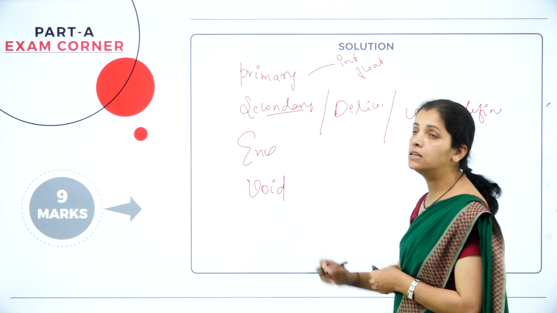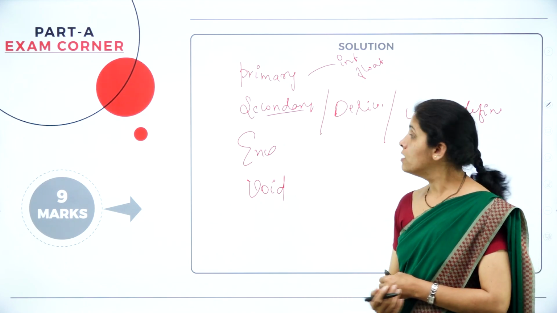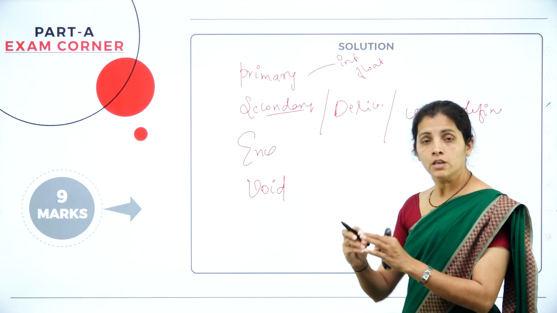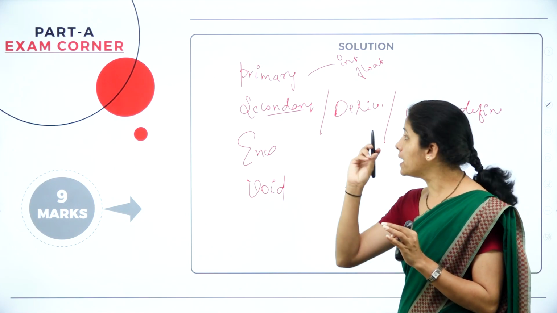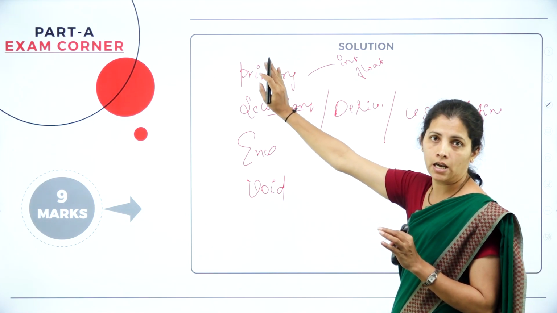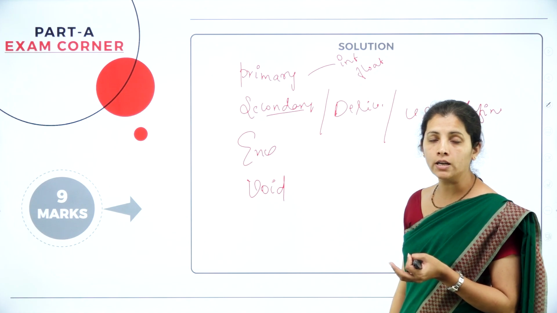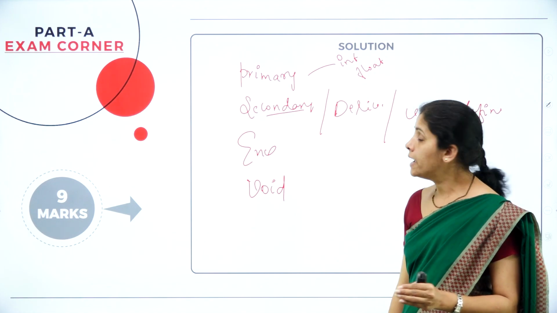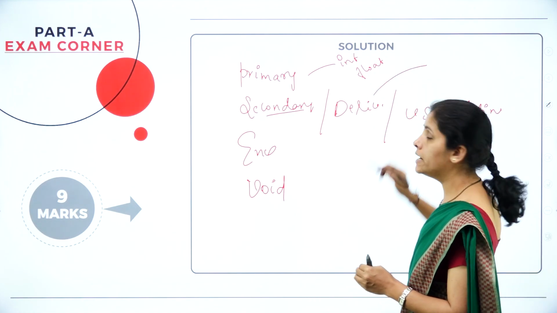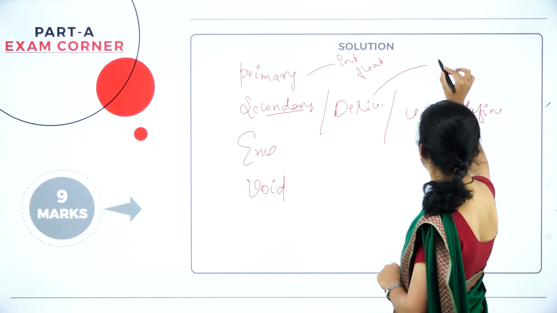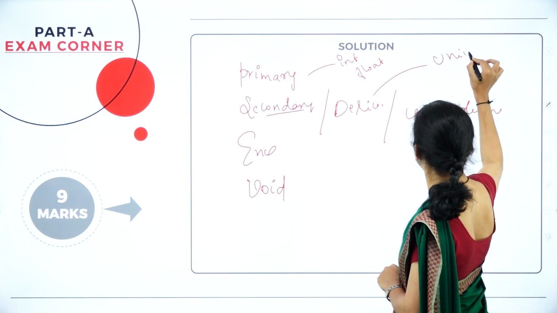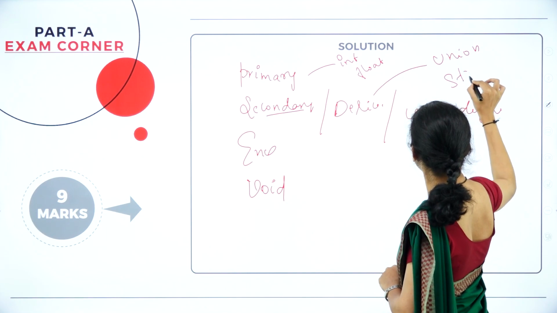Then if I consider secondary data types, I'm going to create user-defined data types by using primary data types. For that reason, it is called derived data type. Examples for derived data types are union and structure.